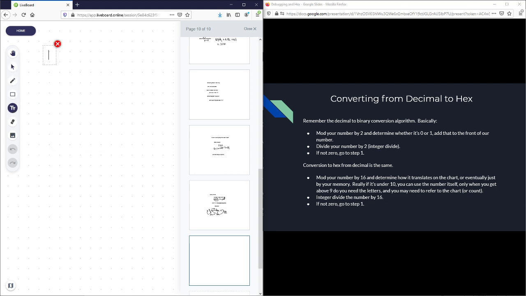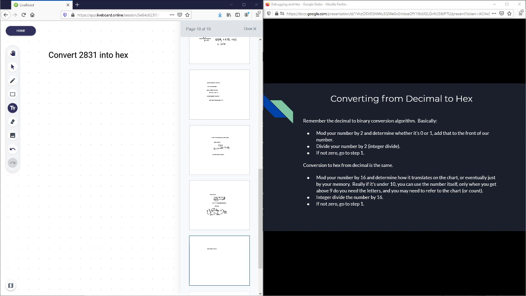So let's convert directly. We want to convert from decimal into hex. So let's convert 2831 into hex. The first thing we're going to do is take 2831 and mod by 16.